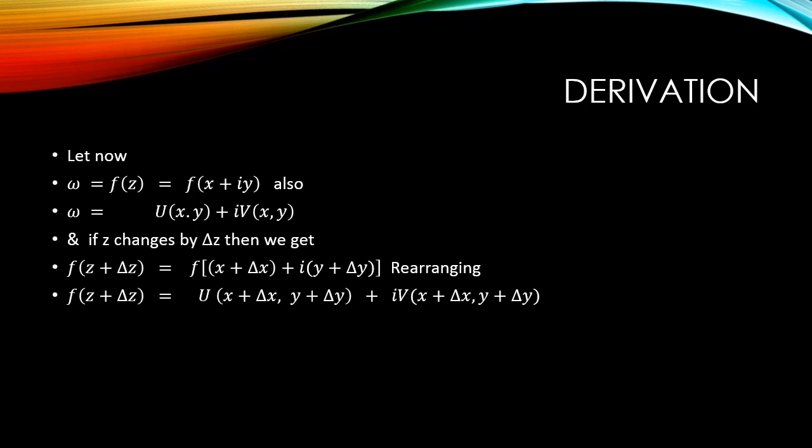Now rearranging this whole equation, f of z plus delta z is equal to u(x plus delta x, y plus delta y) plus iota v(x plus delta x, y plus delta y). We have simply substituted these values according to the situation in the given formula of f of z, which is equal to u plus iota v.